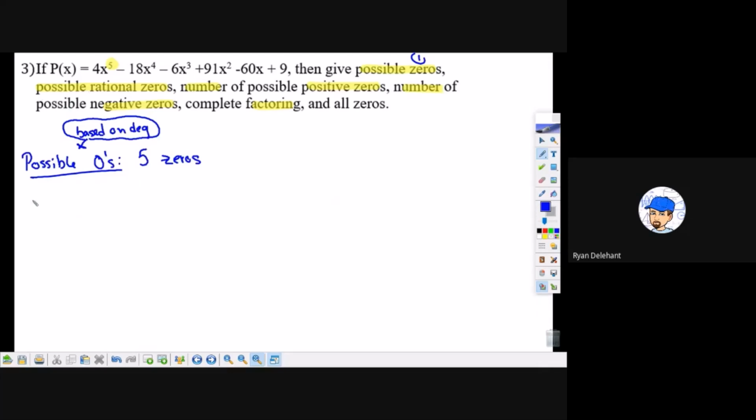Possible rational zeros. The key word in here to tip you off is the word rational. We know how to find where it should cross the x-axis at a rational by using the rational zeros theorem. So for this one, this number 2, I'll number them as we go down.